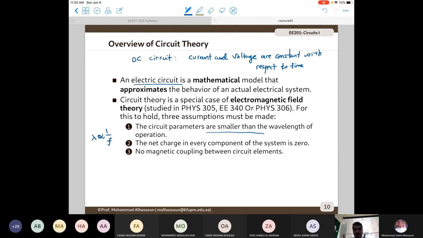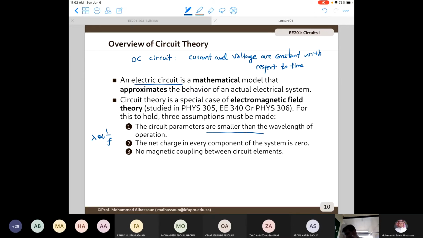So if we have a DC voltage source or DC current source, meaning they're constant with respect to time, then we can apply circuit theory because every parameter that we have is smaller than the wavelength. That's one condition, and it is satisfied.